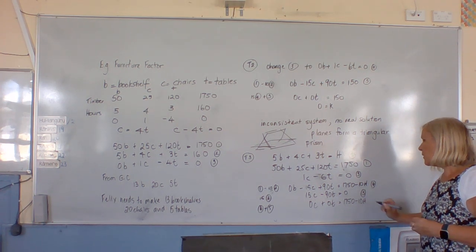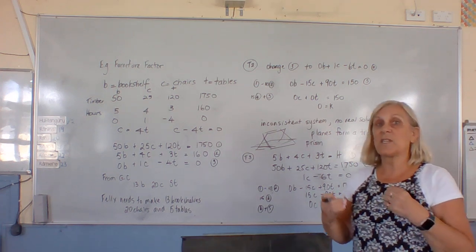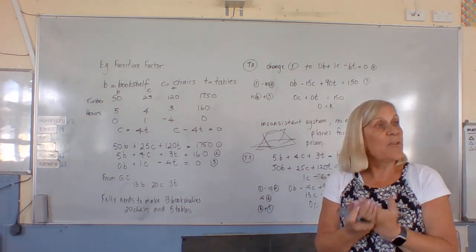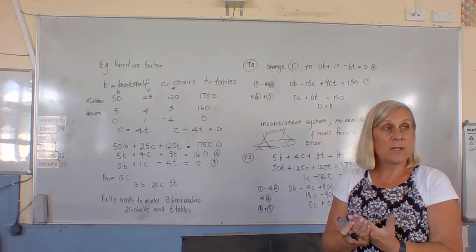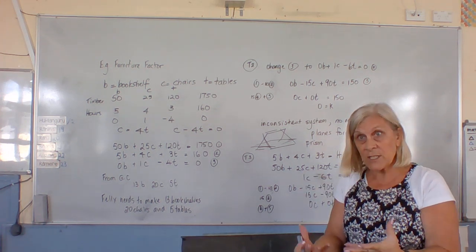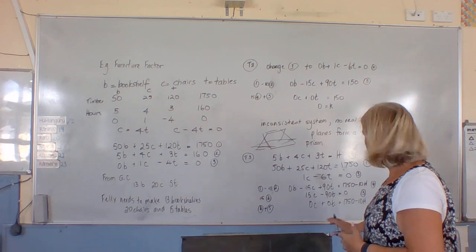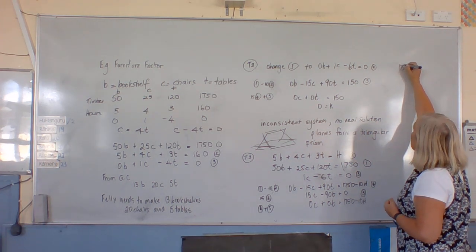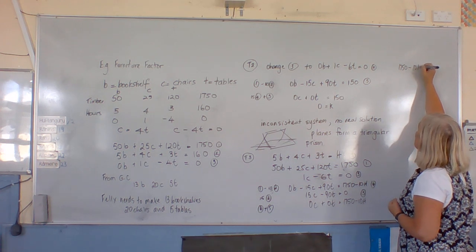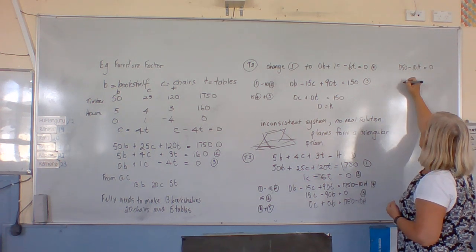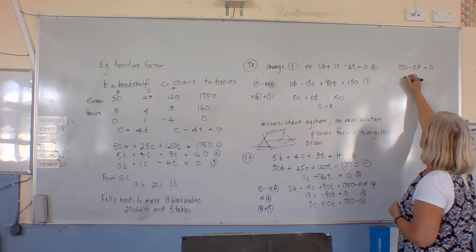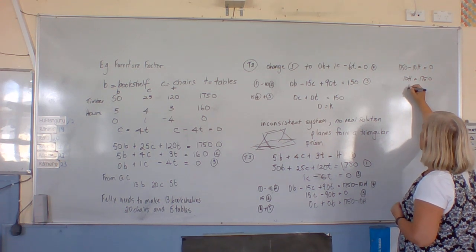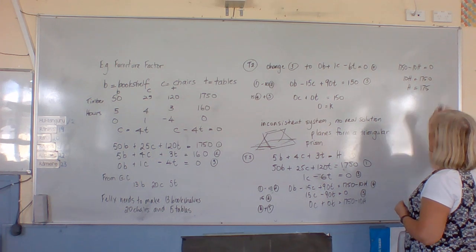Now, we don't want that to be a number, we want that to be 0, right? Because 0 gives us solutions. Lots of them, dependent solutions, but gives us solutions. So if we solve 1750 minus 10H equal to 0, we will get 175.